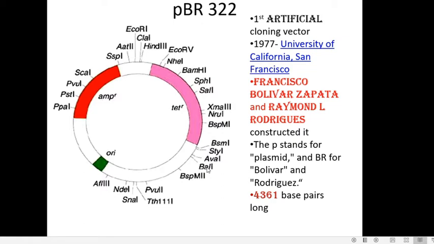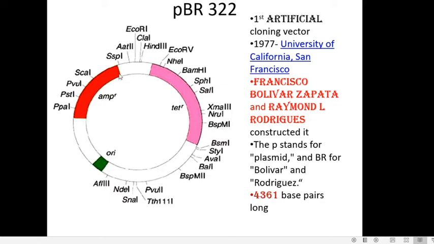So this plasmid pBR322 has a number of sequences which are recognition sequences of different types of restriction enzymes. And this region is the ori, which determines the start of replication. This region is the gene which confers ampicillin resistance. And this is the gene which confers tetracycline resistance.